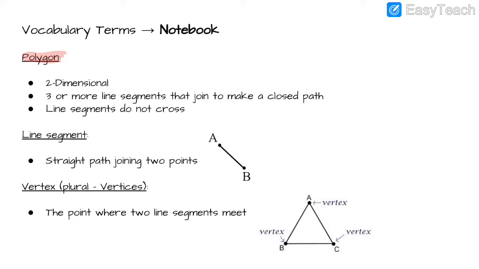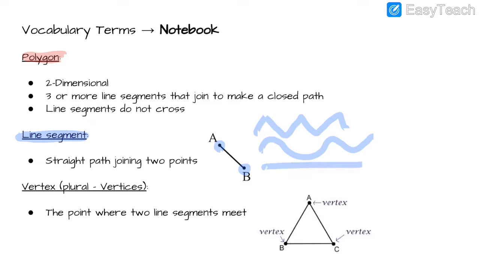The next vocabulary term is line segment. All right, line segment. Blue will do. A line segment is a straight path joining 2 points. So here we've got point A and point B. We don't have any squiggly lines or any jagged lines.